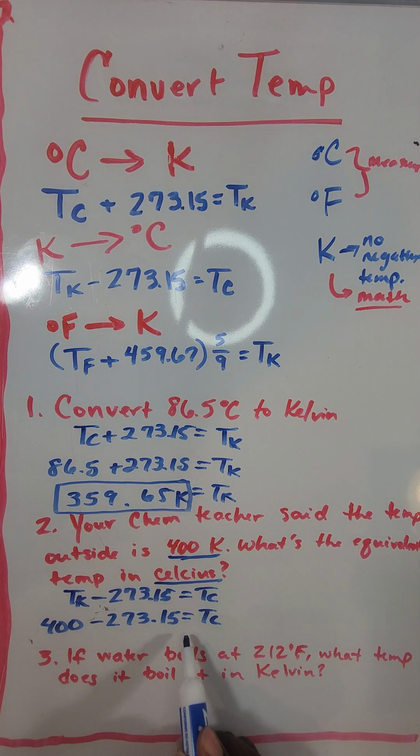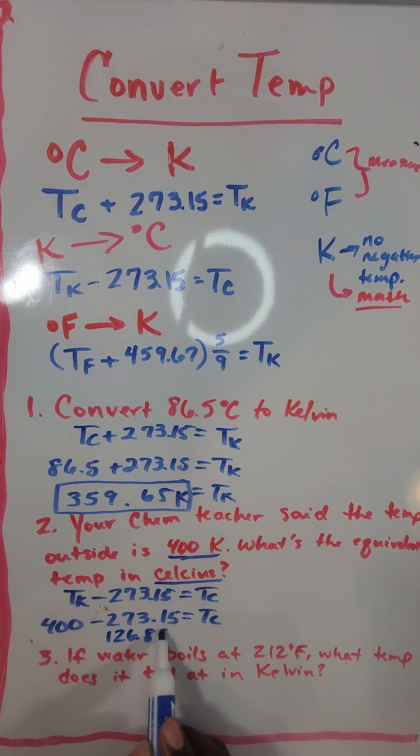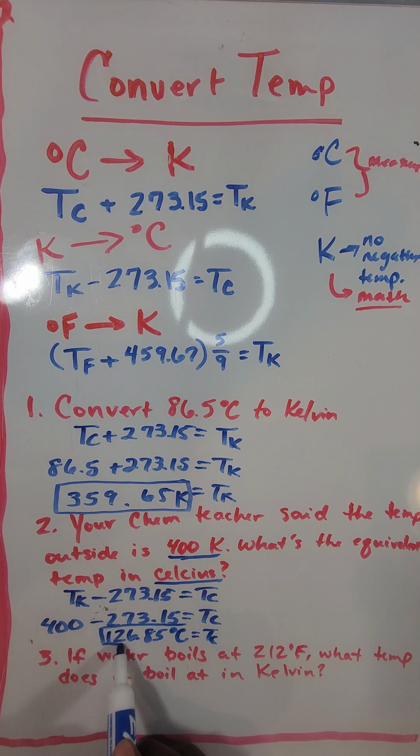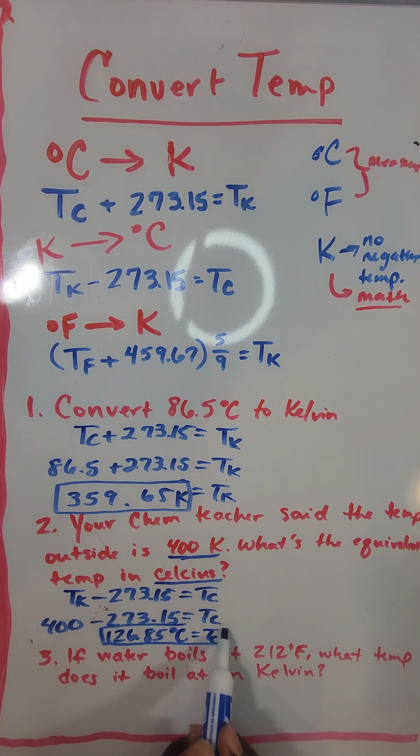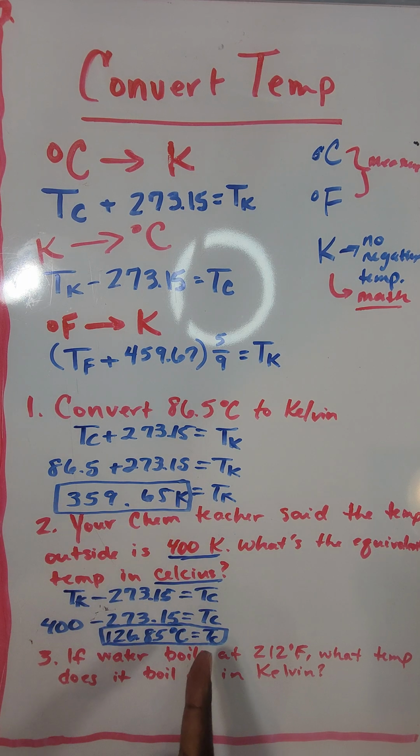That's going to equal 126.85 degrees Celsius. Make sure you put your units. All right, good. So we converted Celsius to Kelvin, and we converted Kelvin to Celsius.